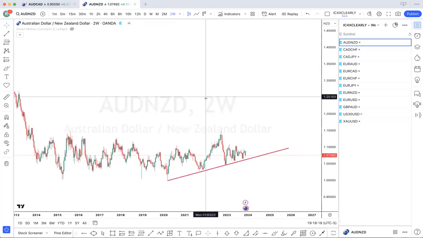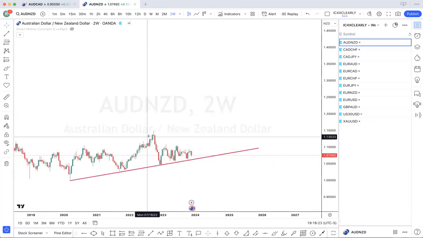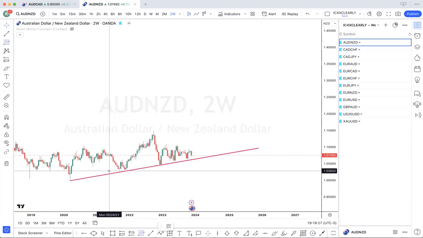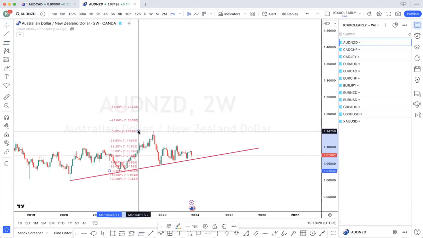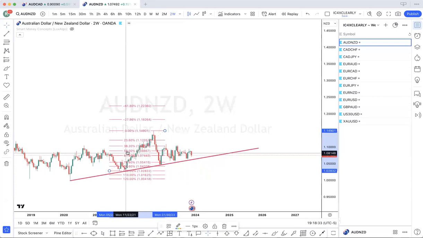Okay. So based on the 2-week, price pushed up. If you wanted to fib from the low to the high, price pulled back to the 78.6 and almost the 88. Pushed up.